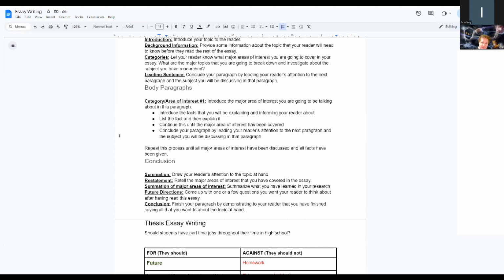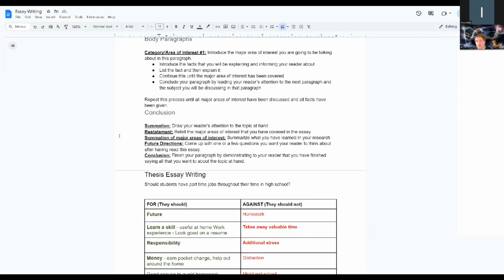Once we get to a conclusion, we want the conclusion to mirror, to some degree, the way our introduction has been set up. So a good introduction should somehow connect with your reader, either at an intellectual level or perhaps even at an emotional level.